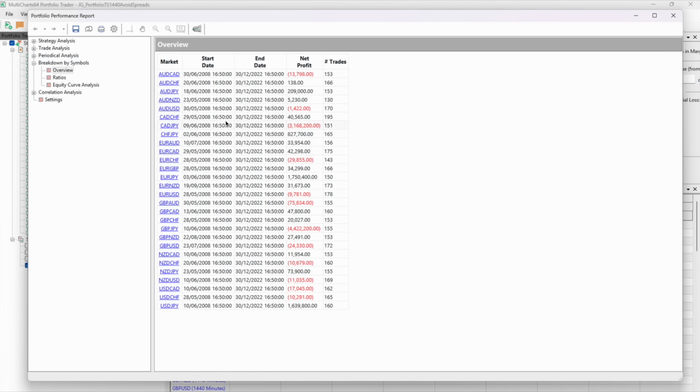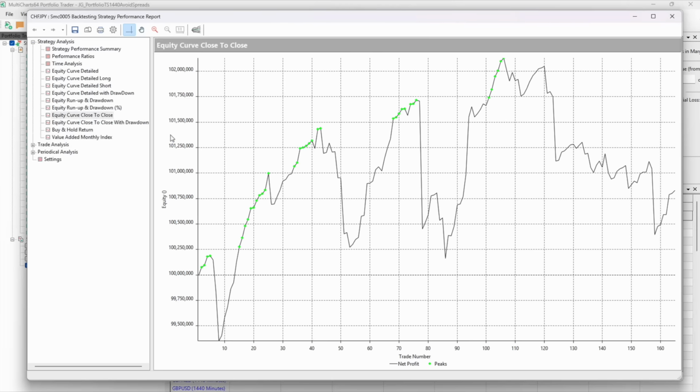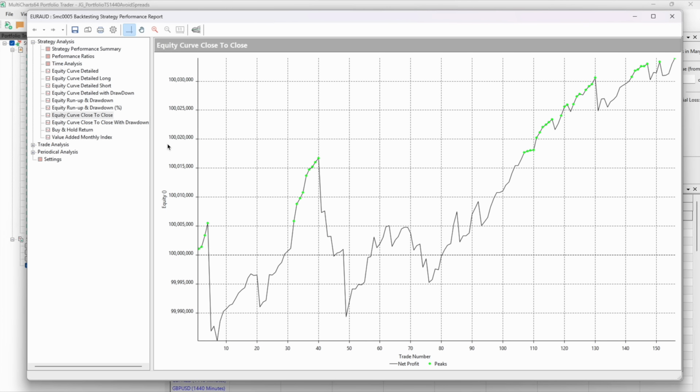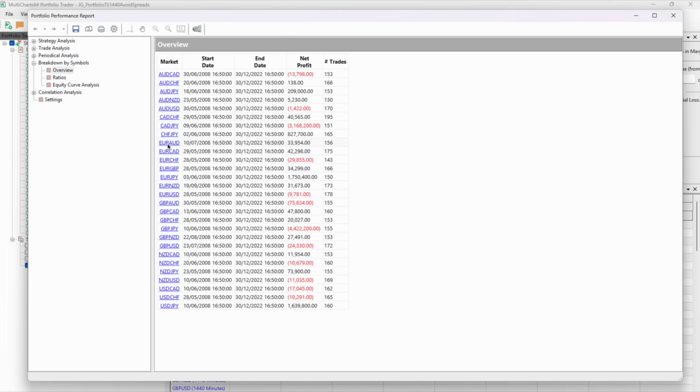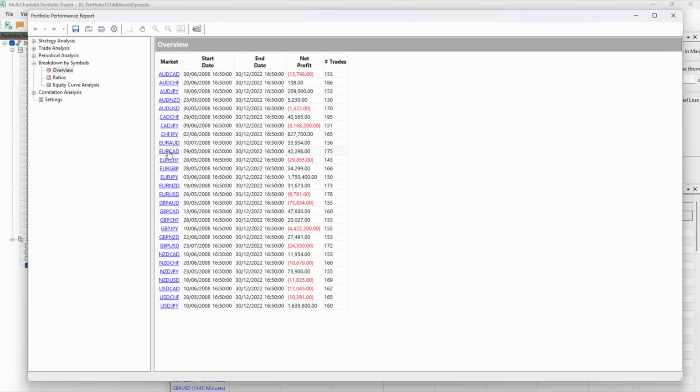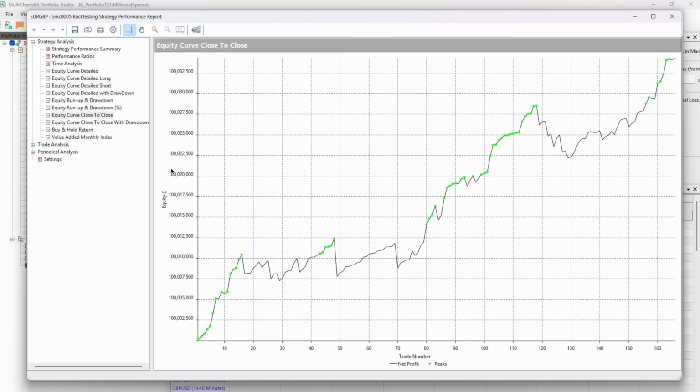Canadian, Swiss franc. We've got loser, Swiss franc, Japanese yen, not a good equity curve. Euro, Aussie, not great. Looks okay recently. Euro Canadian, again not great, but does look okay recently. Got loser. Euro pound, that's a reasonable equity curve.